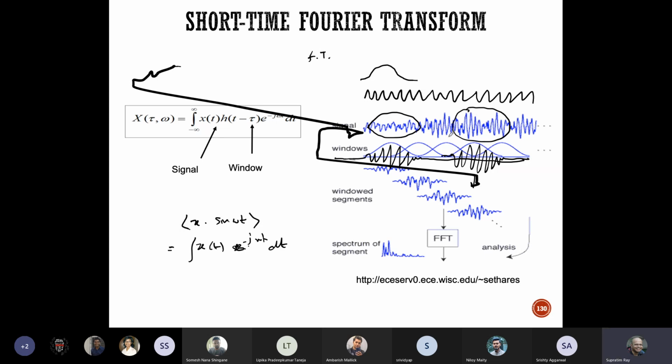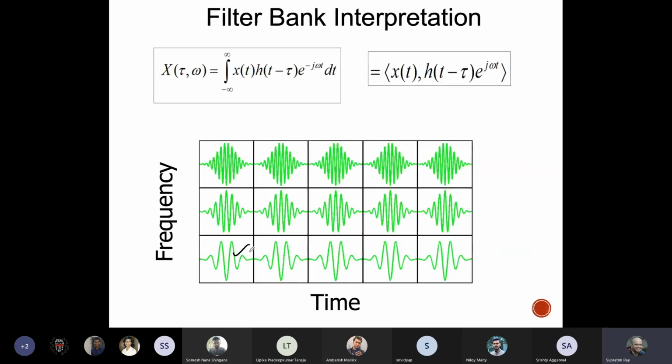So the signal is varying, the filter is the same, it's just getting translated. So this thing and this thing are the same shape, it's just translated in time, but the signal is changing, the signal is different.